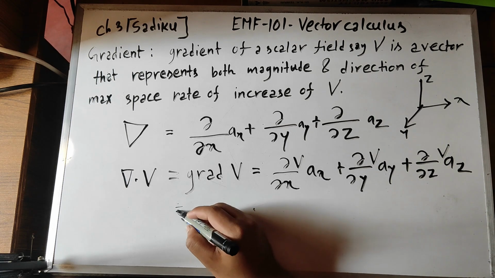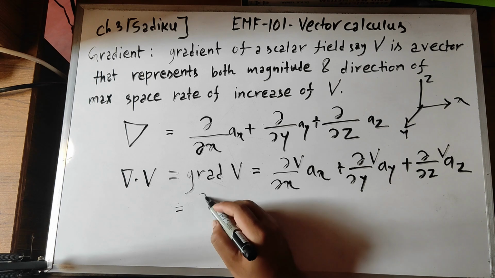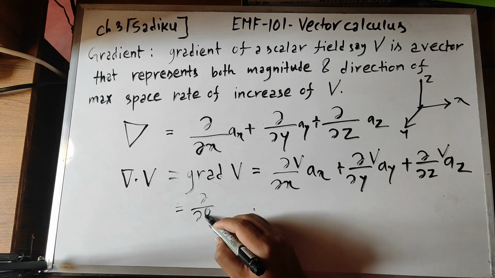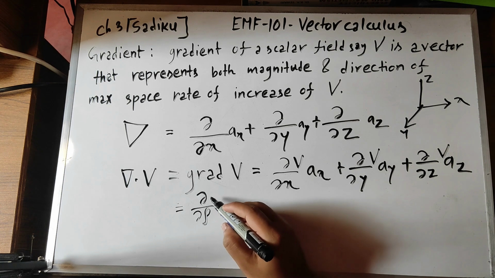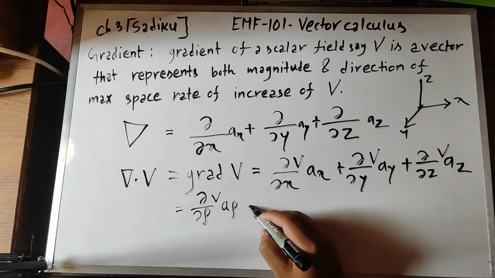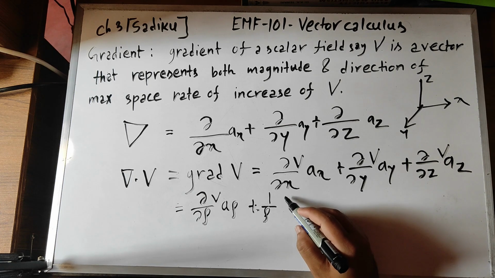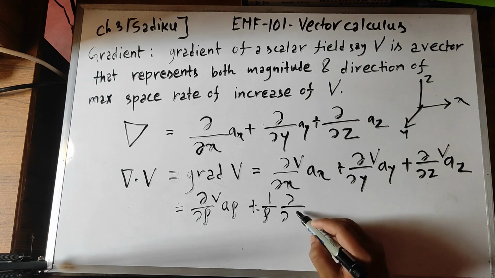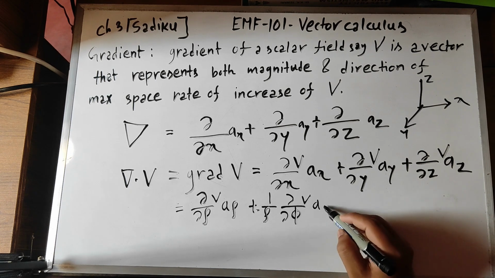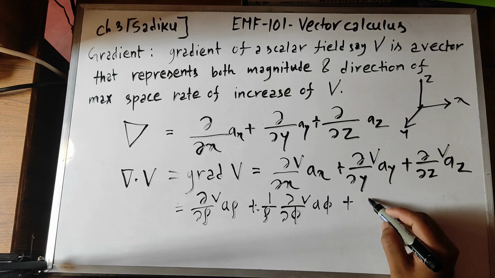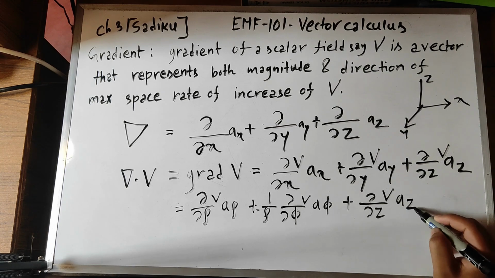If we want to know the gradient in the cylindrical coordinate system, it will be del by del rho of V in the direction a_rho, plus 1 by rho del by del phi of V in the direction a_phi, plus del by del z of V in the direction a_z.